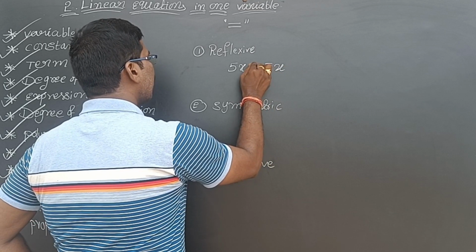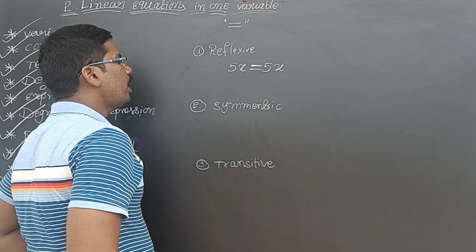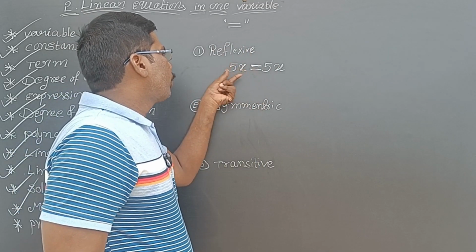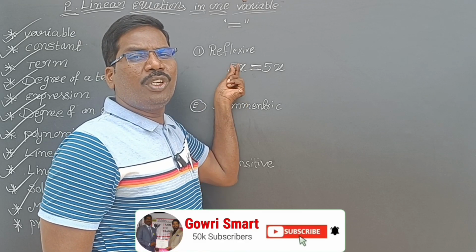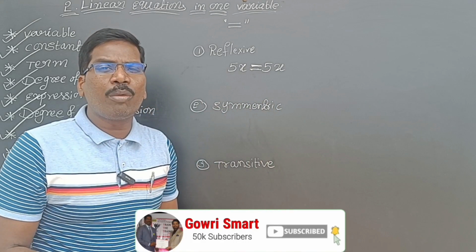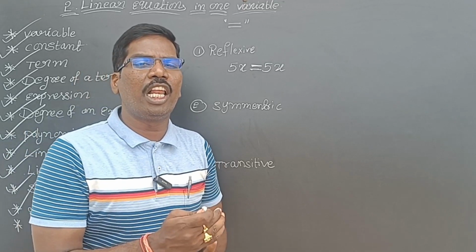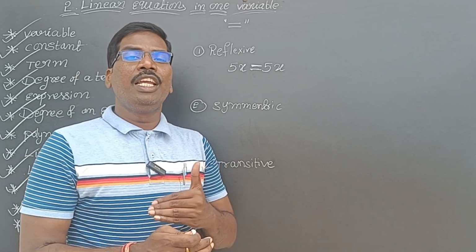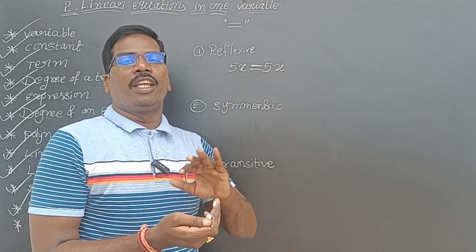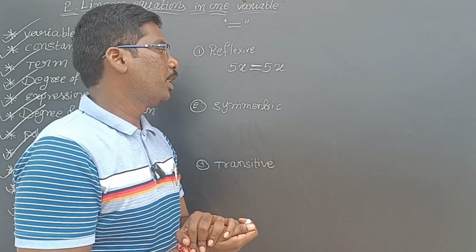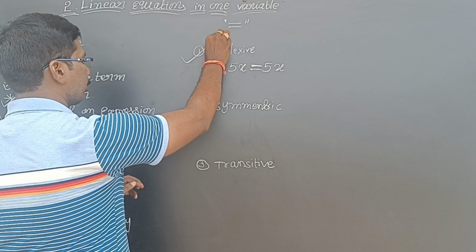The equality is making the term reflect to itself. So every number or every term is equal to itself, which is called the reflexive property in equality.